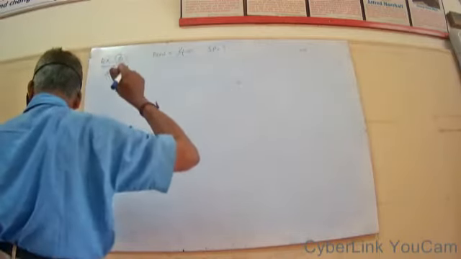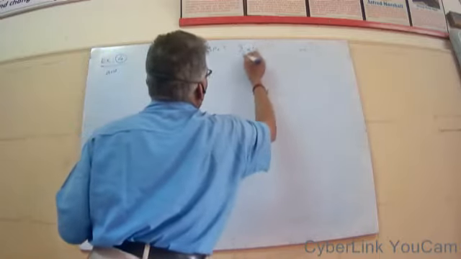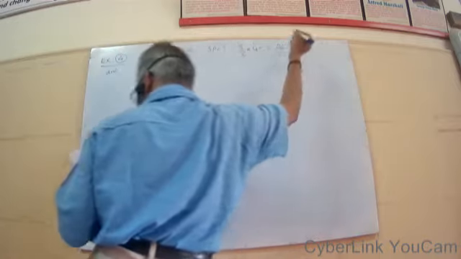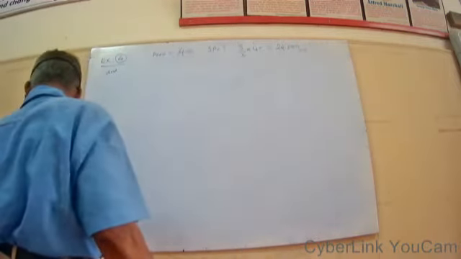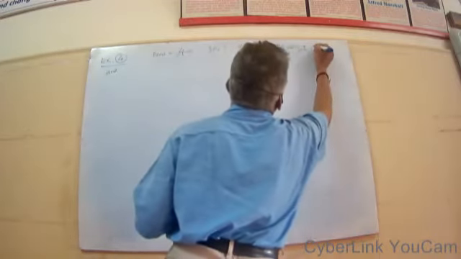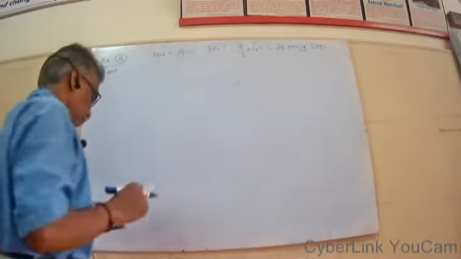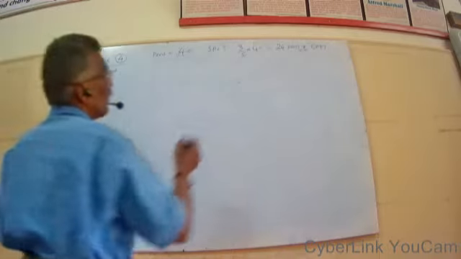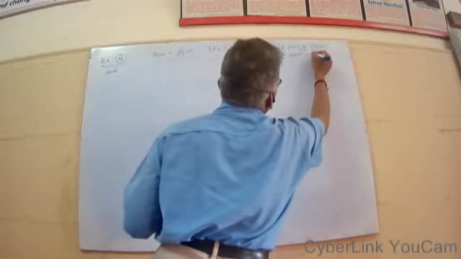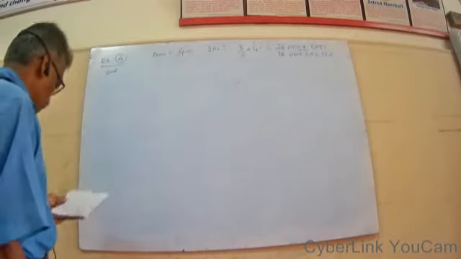He sold 3/5 of them. 3/5 of 40 means 5 into 8 is 40, 3 into 8 is 24 pens. 24 pens are sold at charging rupee one more than its cost price, means this is sold for cost price plus 1, and the remaining 16 pens for a total of 126.